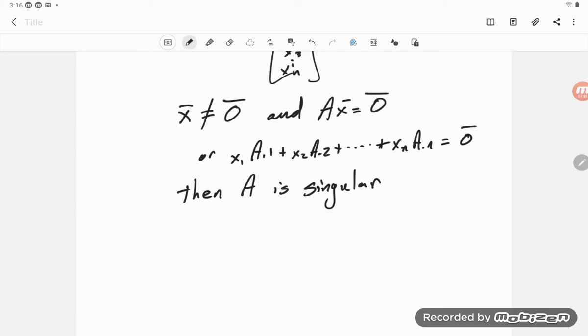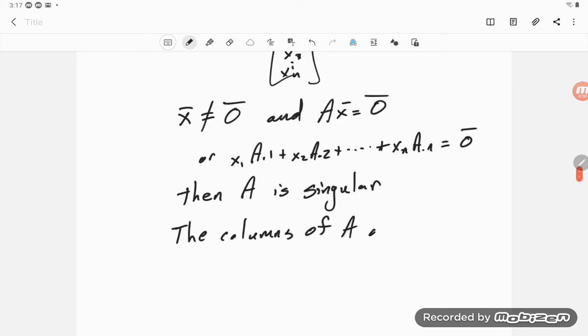Okay, it doesn't have an inverse. And in that case, what we say is the columns of A are linearly dependent.